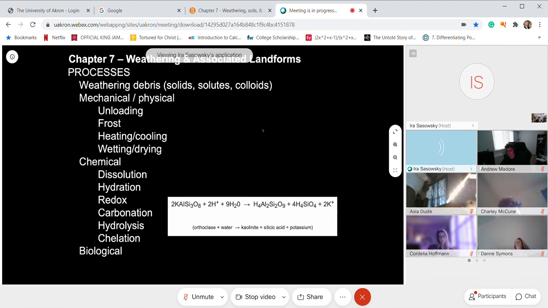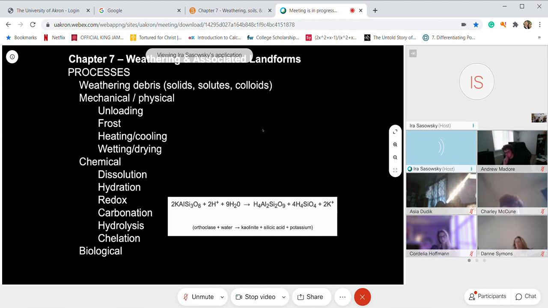And in fact, minerals vary in their solubility. The most soluble natural minerals are halite or potassium chloride. So we only find these exposed in places that are dry, because if it was wet, they would just be completely dissolved away.